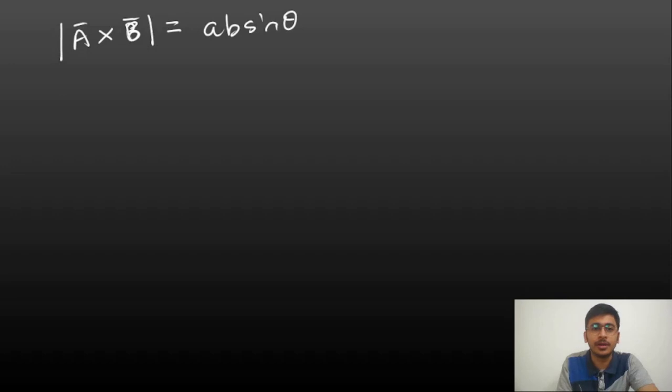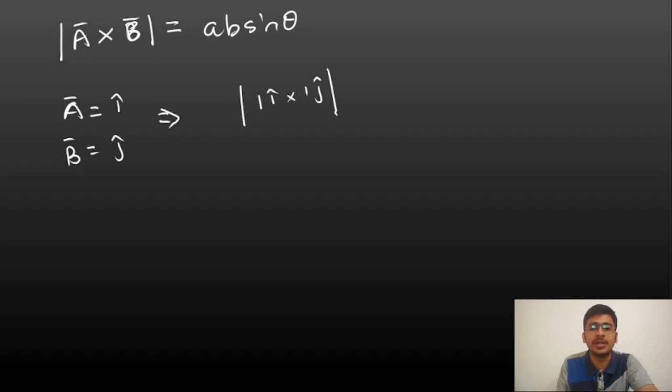So if I have, let's say, A vector as I cap for simplicity, and B vector as J cap. So I cap cross J cap, what will that be? It is simply the magnitude of 1 I cap cross 1 J cap, correct?